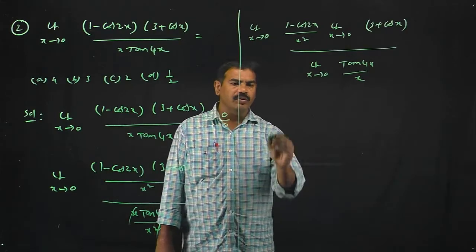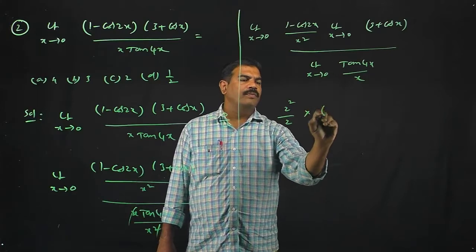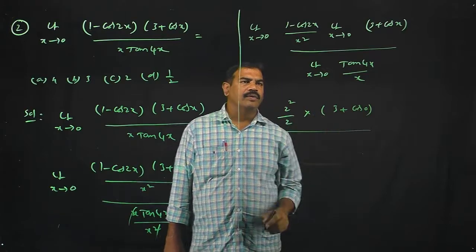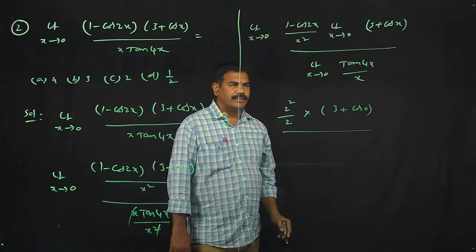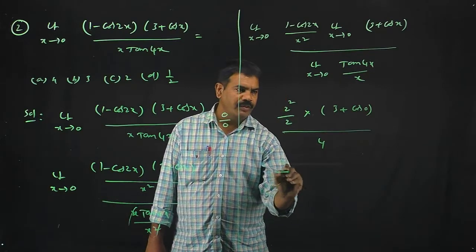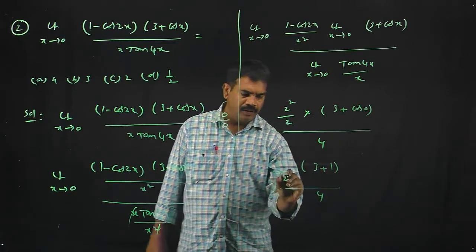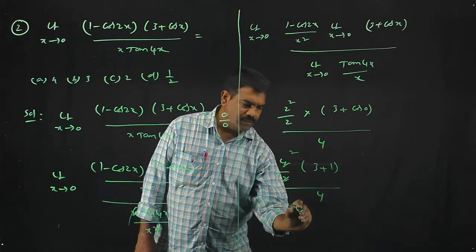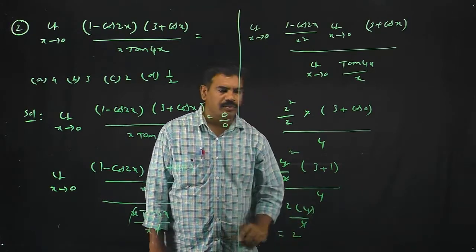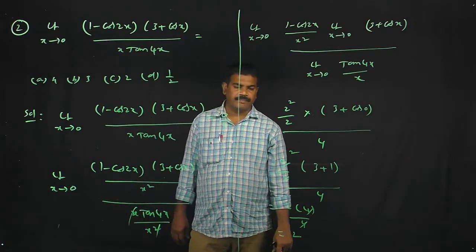Here a means 2, that is 2 square by 2, into we apply the limit 3 plus cos 0, by, we know that limit as x tends to 0 of tan ax by x is a, that is 4. 2 square means 4 by 2 into (3 plus 1) by 4. The 2's cancel, that is 2 into 4 by 4, the 4's cancel, that is equal to 2. The limit value is 2, the option is C.